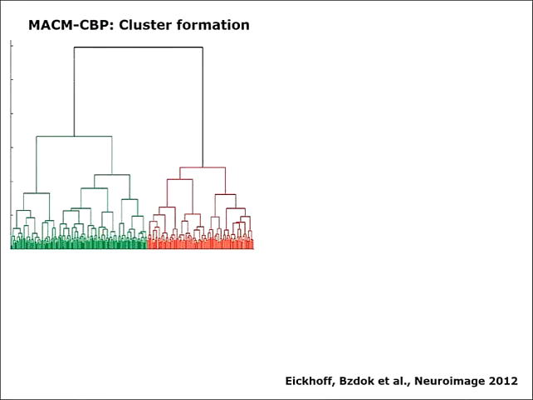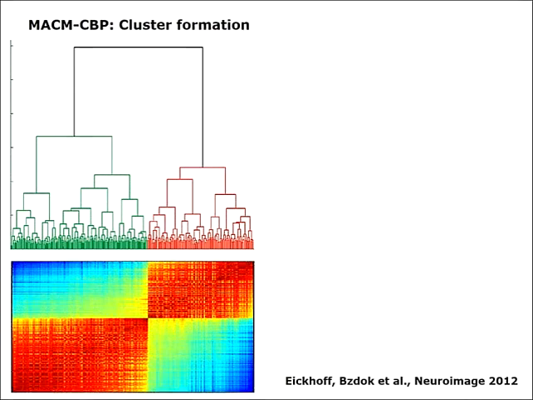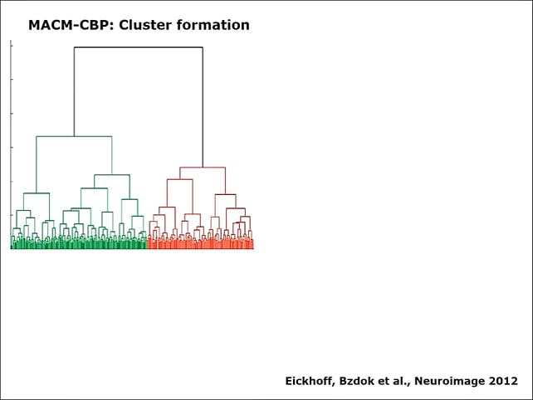There are different types of clustering algorithms. So here's an example from hierarchical clustering that we haven't mentioned yet so much. It has a different type of flavor. It also doesn't know where a particular voxel is in the brain, but it operates in a completely different fashion from k-means.